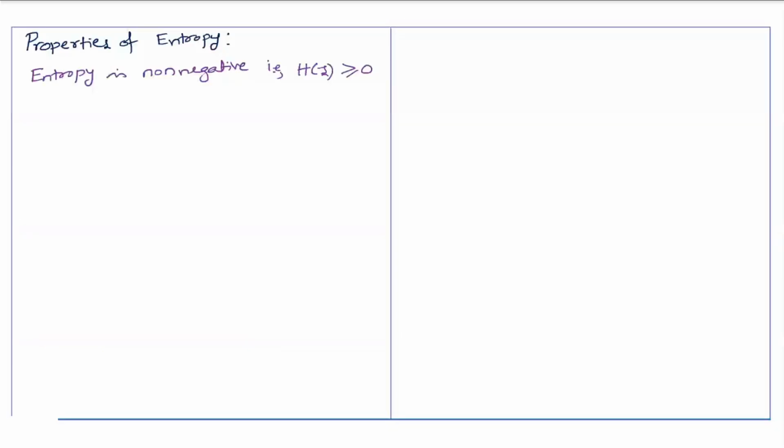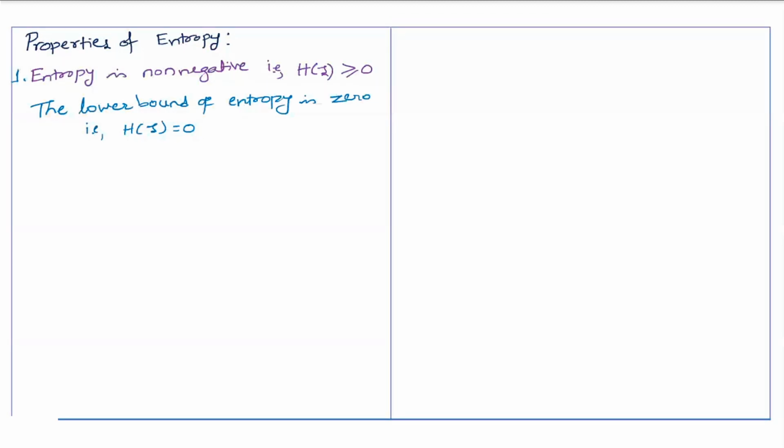Now the properties of entropy. What are the properties of entropy? Entropy is always a non-negative quantity. H of s is always greater than or equal to 0. H of s can be 0, but it cannot be less than 0. This is the lower bound of entropy: H of s equal to 0.